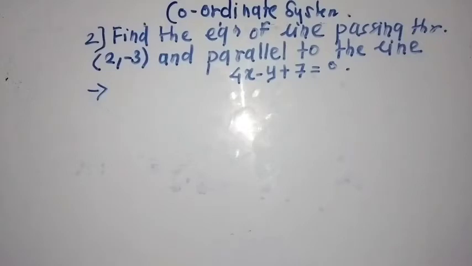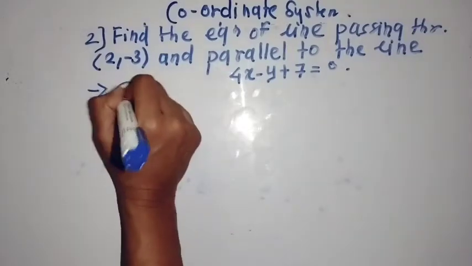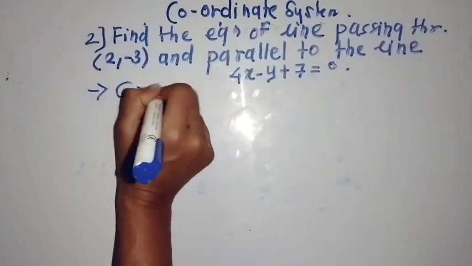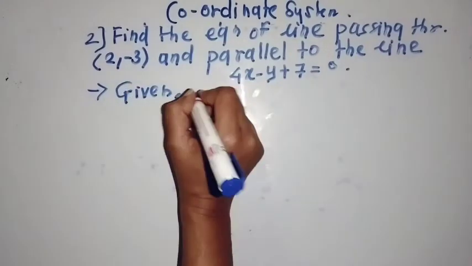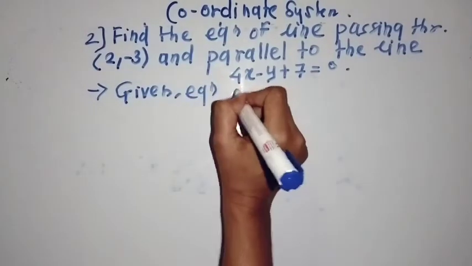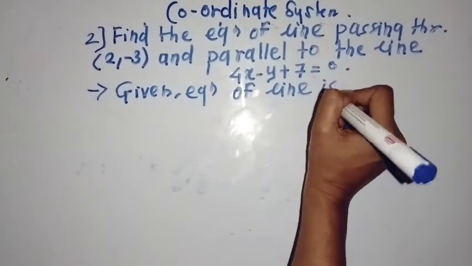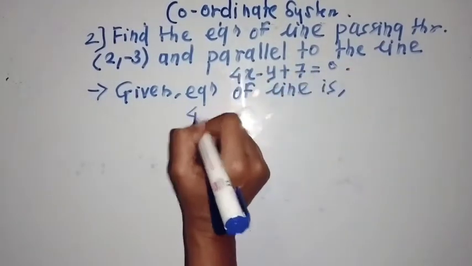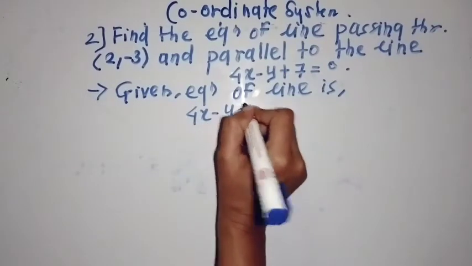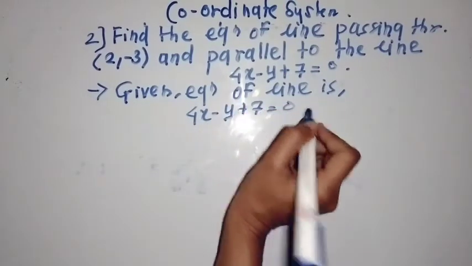Hence, first, the given equation of line is 4x minus y plus 7 is equal to 0.